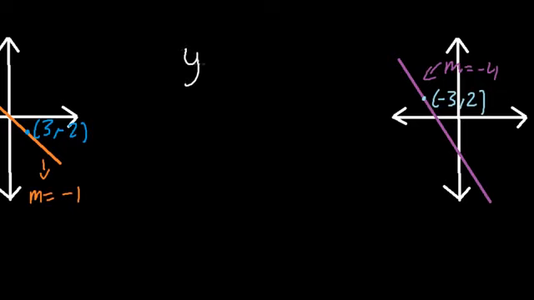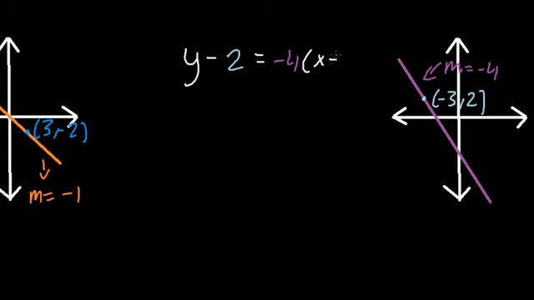So it'd be y minus, well, what's our y1? Well, that's 2 right over there. Minus 2, which would be equivalent to the slope -4 times x minus x1. What's x1?